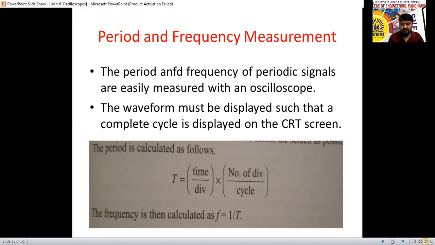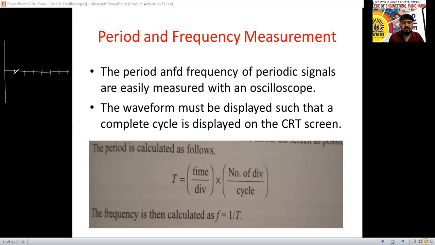I will ask now, just a minute. I will take the white color instead of red. See here. I will draw only the x-axis here. 1, 2, 3, 4, 5, 6, 7 divisions I have made here.